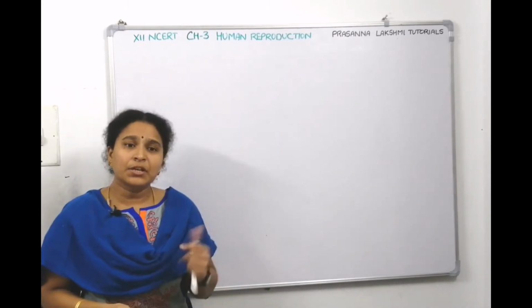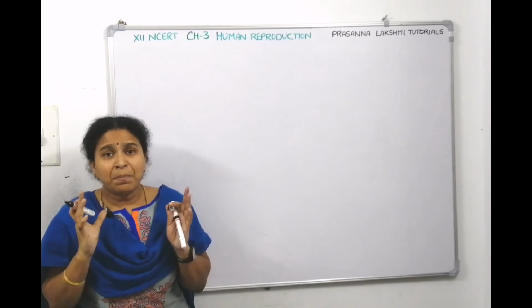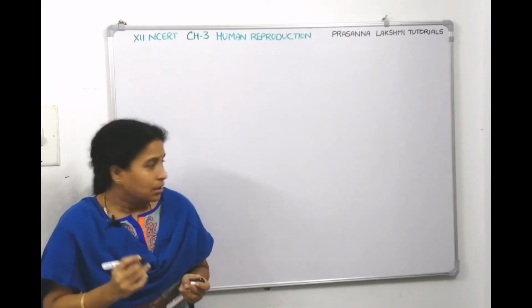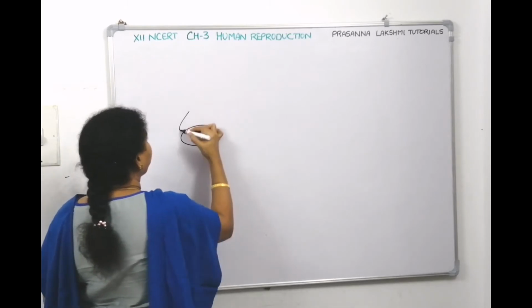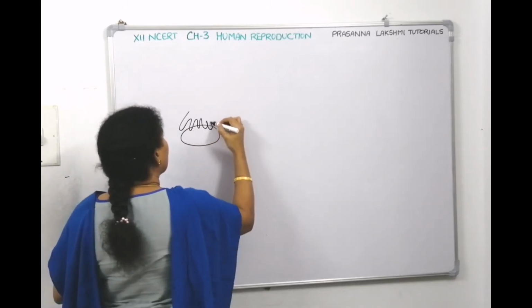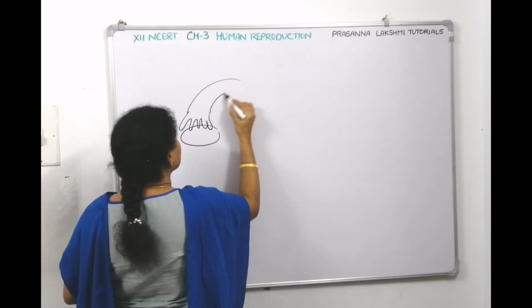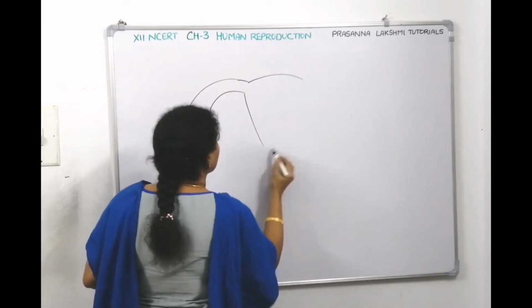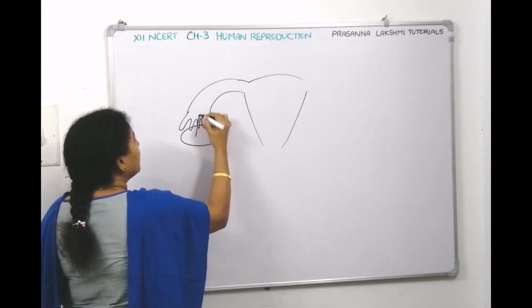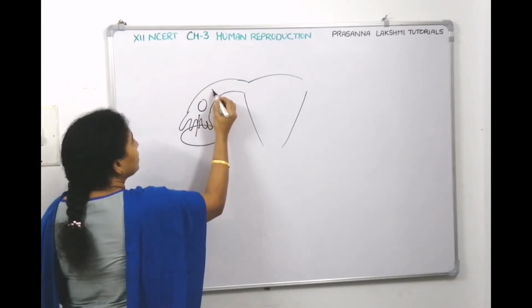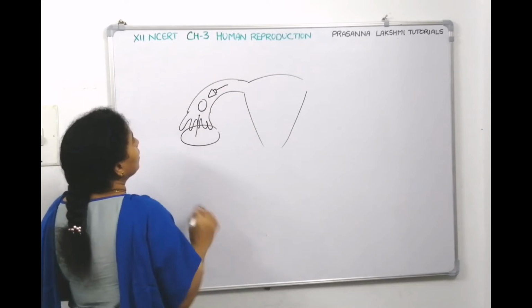So after cleavage, what will be the next one? In the blastocyst stage, this is the ovary and these are the infundibulum, this is the fallopian tube, and here will be the uterus, right? So we told that the egg will be sent here and the sperm will swim here.